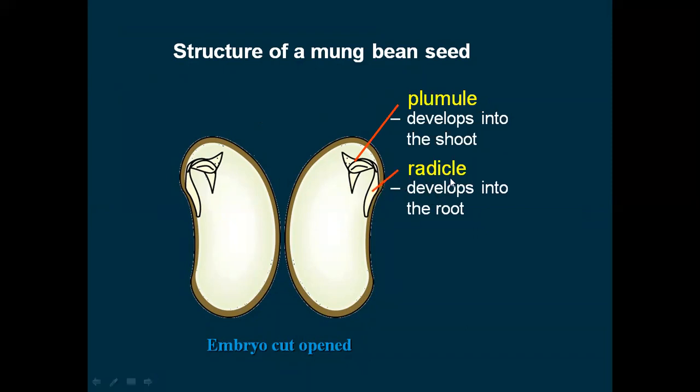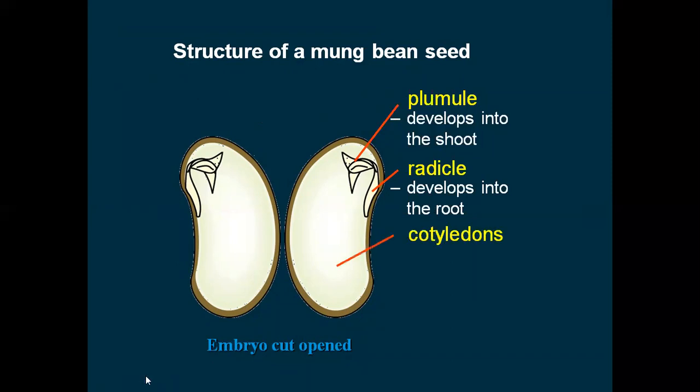So the plumule is the part of the embryo that develops into the shoot, while the radicle develops into the root. So this is the embryo within the seed.